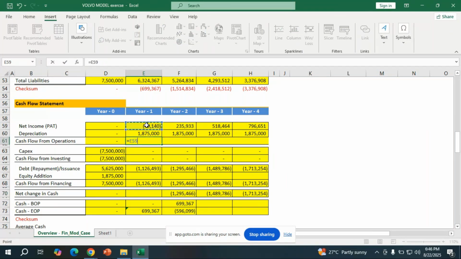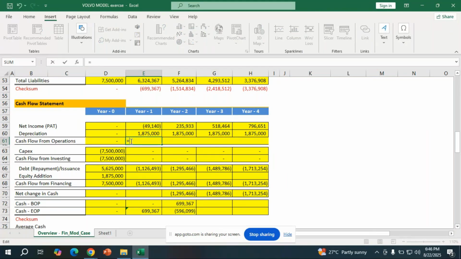If you take this directly, you get like this. You're supposed to consider only net income, because depreciation is not an income, it is an expense. Okay, so here what is the net cash? You have to minus depreciation from the same.